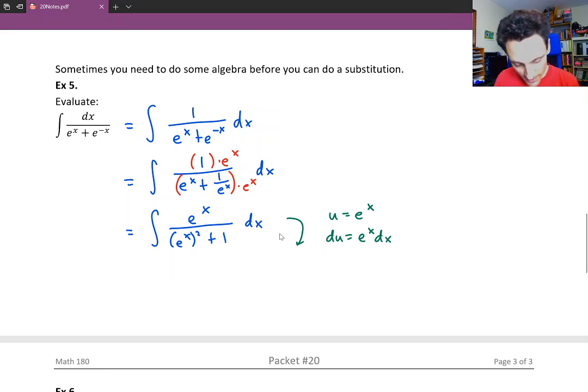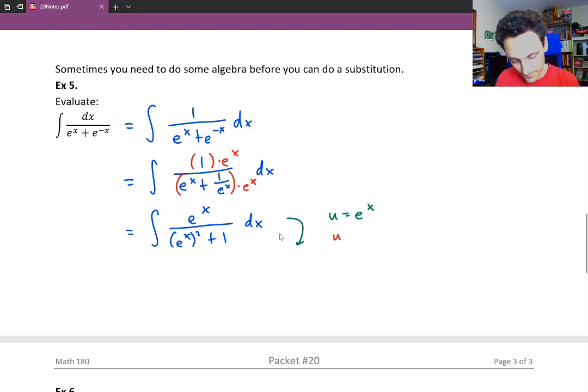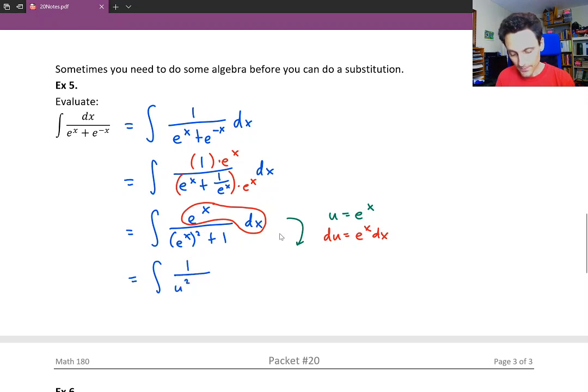In fact, I should probably highlight this in red to be consistent. Let me do that. You don't have to highlight it in red if you don't want to, but just to be consistent. So making our substitution, we have 1 over u squared plus 1 du.